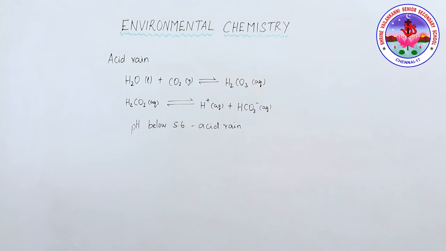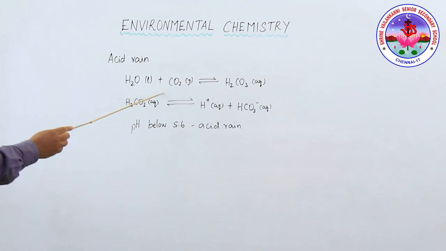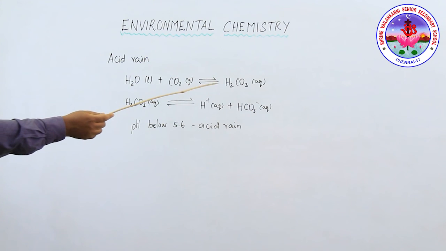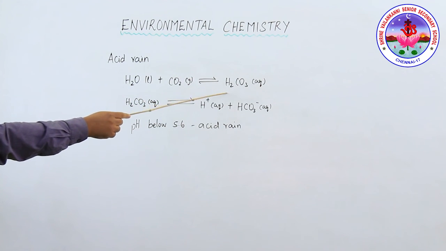Acid rain: normally rainwater has a pH value of 5.6 due to the presence of H+ ions, that is hydrogen ions, formed by the reaction of rainwater with carbon dioxide. Rainwater combines with carbon dioxide gas to form carbonic acid, H2CO3, which is called soda water gas.